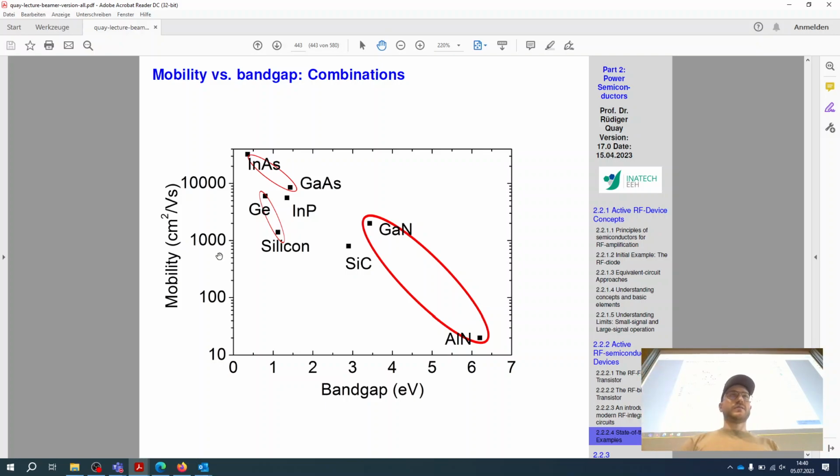And beyond that, gallium arsenide is still mainly used for low noise amplification, and occasionally for transmitters that operate above 400 gigahertz.